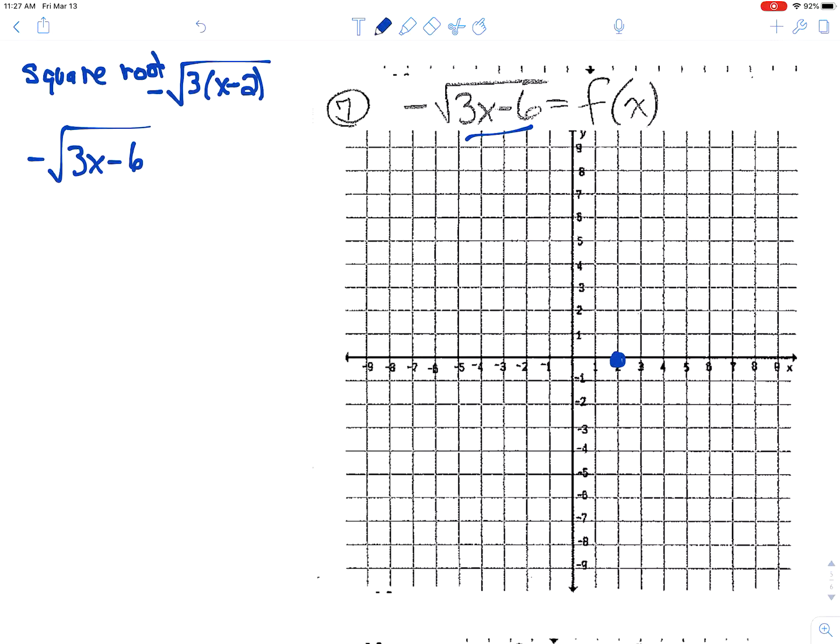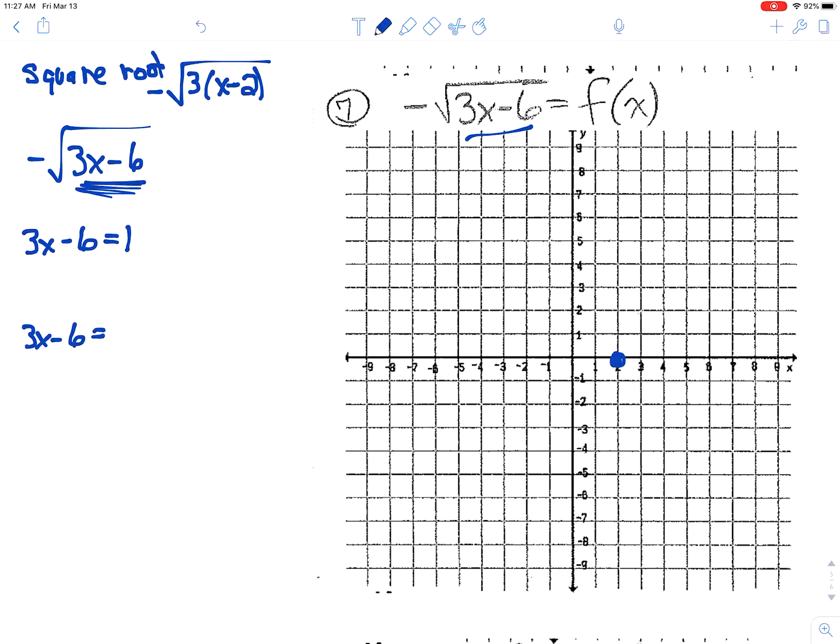Because if I just throw out some points there, like whole numbers 3, 4, 6, they're going to be weird square roots. So I'm going to do a little upfront work here and say, I want this argument inside the square root to be something nice and easy square rootable. So my side work here is to say, what happens when I make 3x minus 6 equal something nice and easily square rootable? 1.